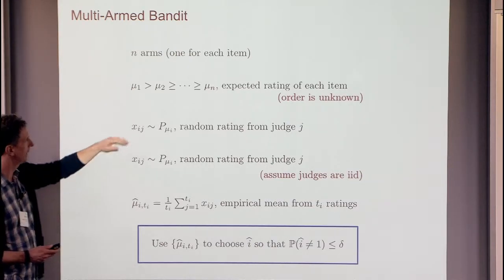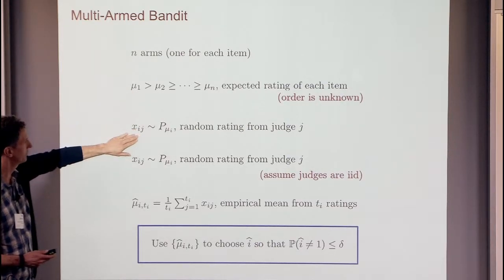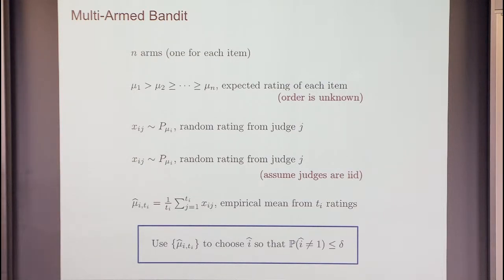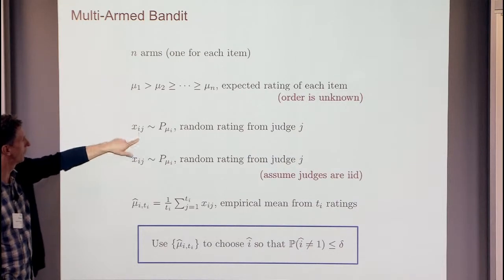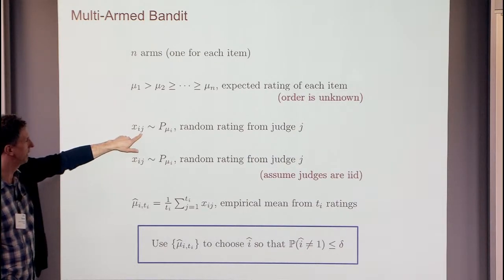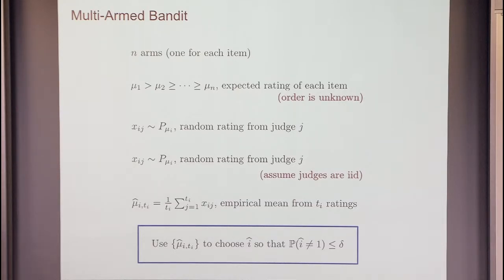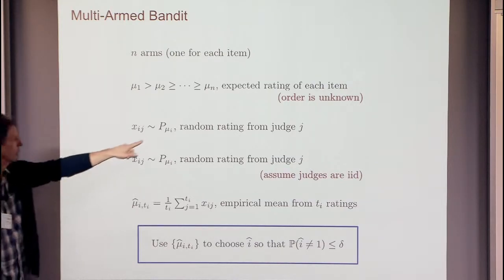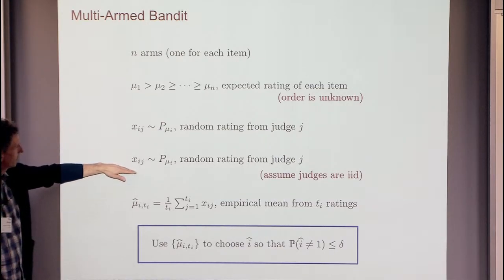What we can do to get information about these means, since we want to learn that mu1 is the largest, is get random ratings from judges. So x_ij is a rating for item i from judge j, and we're assuming those come from a probability distribution parameterized by that expected rating mu_i.